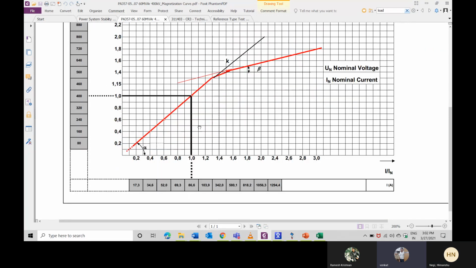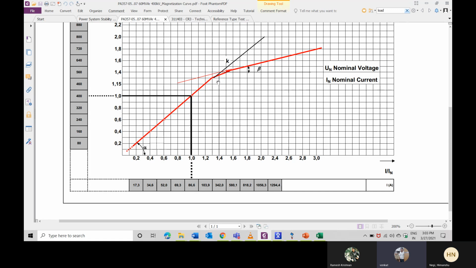After 1.3 per unit, it goes out of linearity, right?